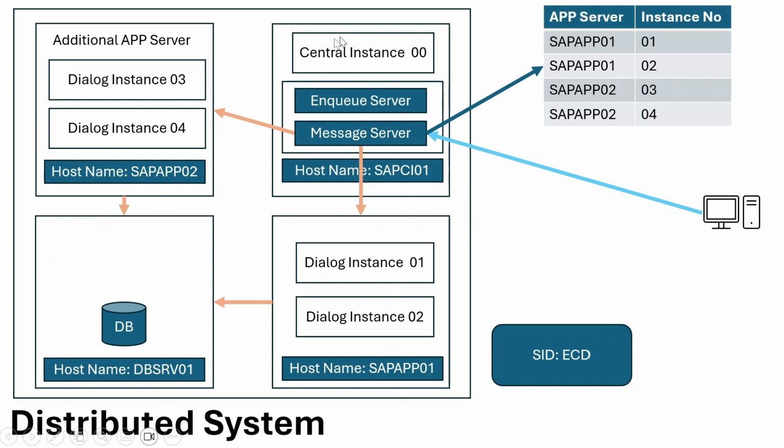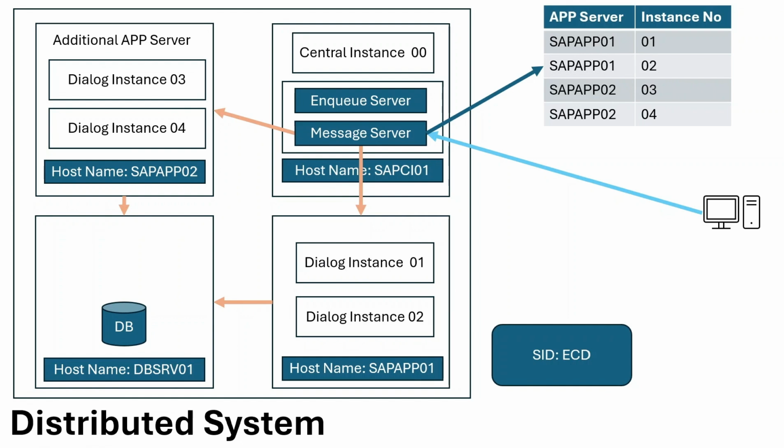In another server, you have the central instance, and in the central instance you have two things running, right? One is the enqueue server, which is keeping your locks. Another is the message server, which has the information about the whole system. What information? How many application servers we have, how many dialog instances we have, whether they are up and live, how much load they have.